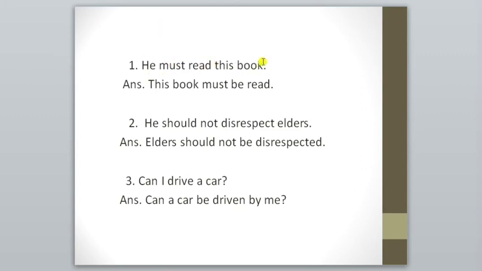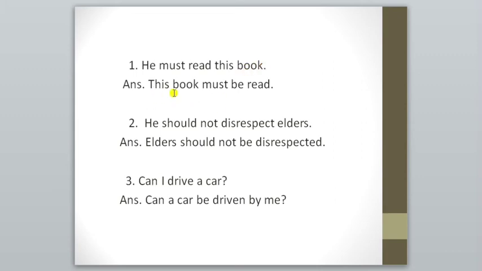He must read this book. He is the subject. Must is the modal verb. Read is the present tense verb. This book is the object. What must he read? This book.